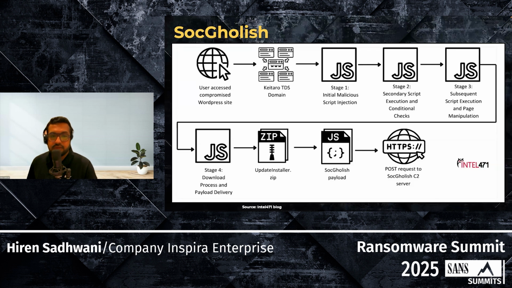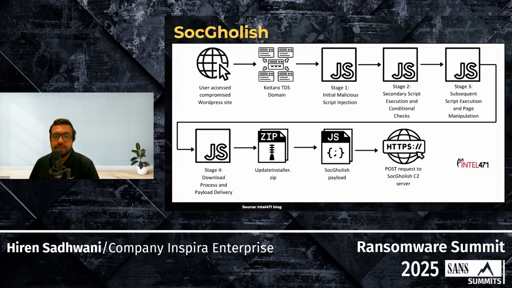This is one of the campaigns seen by Intel 471, where a user visits a compromised website. It's a Keitaro TDS domain, a traffic distribution system. A traffic distribution system is basically when, while visiting a site, it redirects from one domain to another. This was abused by phishing actors most of the time.